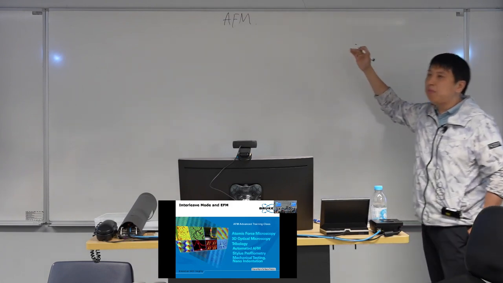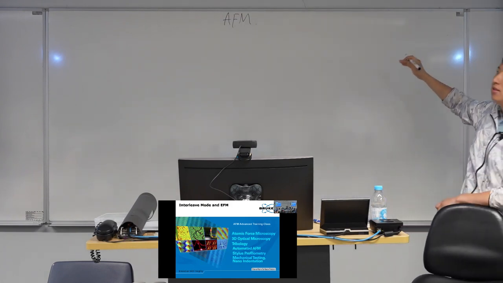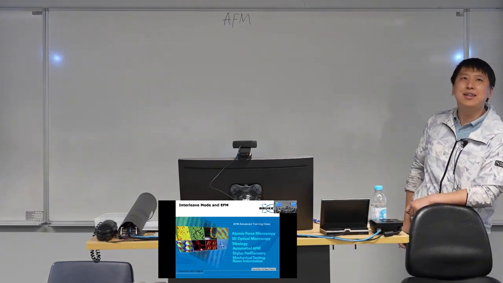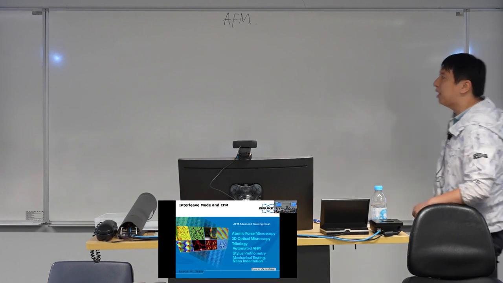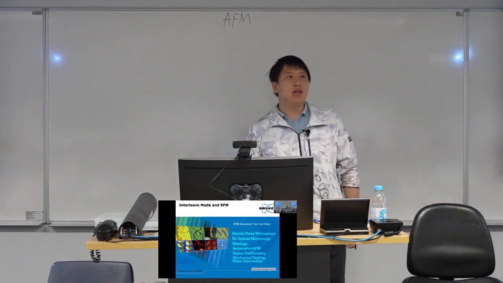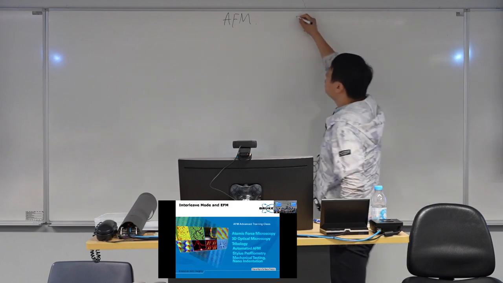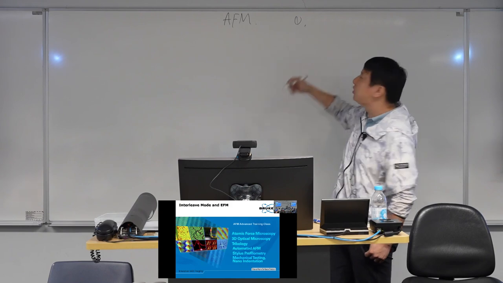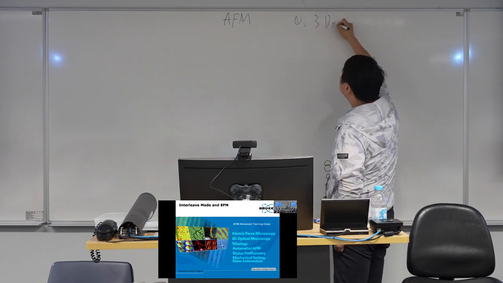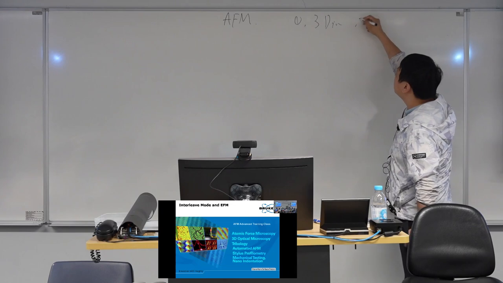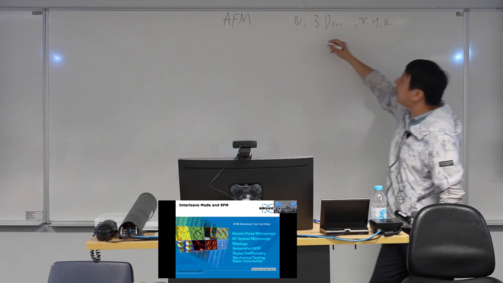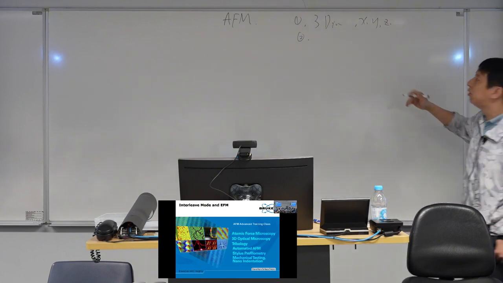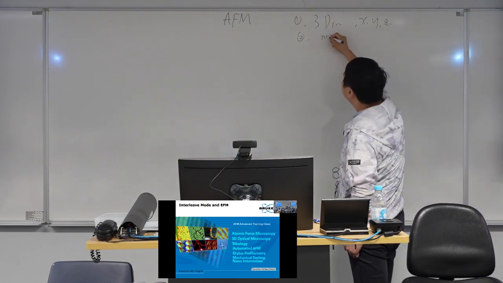The purpose we invented this instrument, I think it was invented in the 1980s. At that time, we just wanted to invent one instrument to achieve three goals. First, we want to get the morphologies in three dimensions, so we want X, Y, and Z. Second, we want our machines to reach the real nanometer scale, so the resolution is at a nanometer.